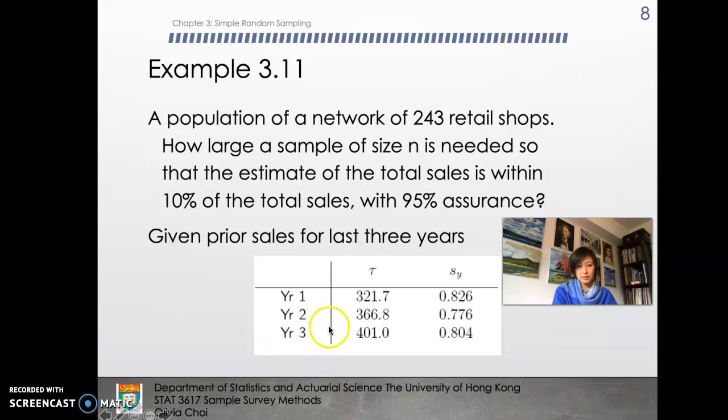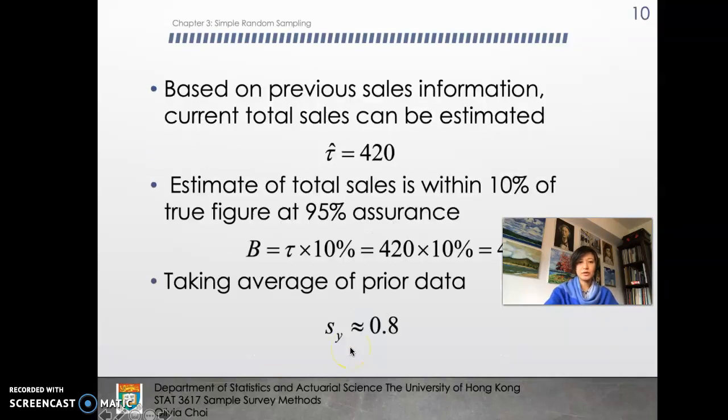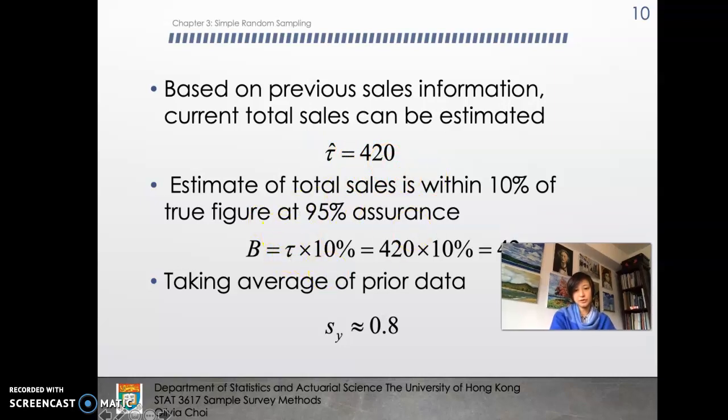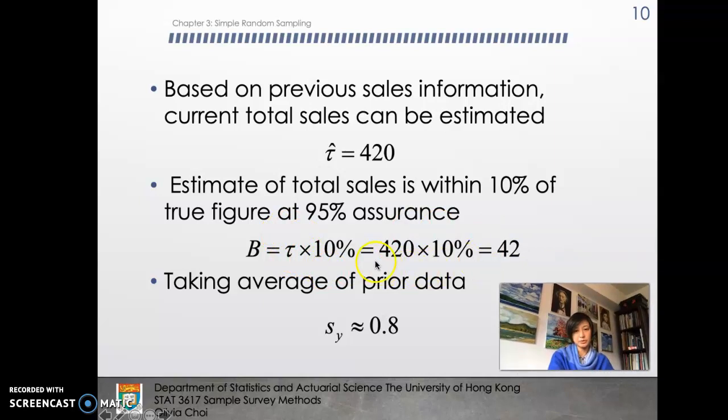So let's look at the total sales estimate. First of all, we can see a constant growth. So a good guess of the next year total sales is around 420. And then we're told that the bound of error is about 10% of it. So let's put 42, which is 10% of 420.